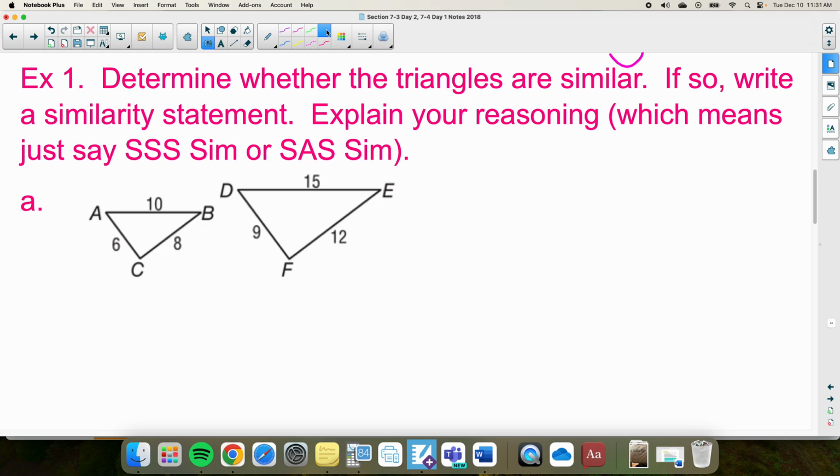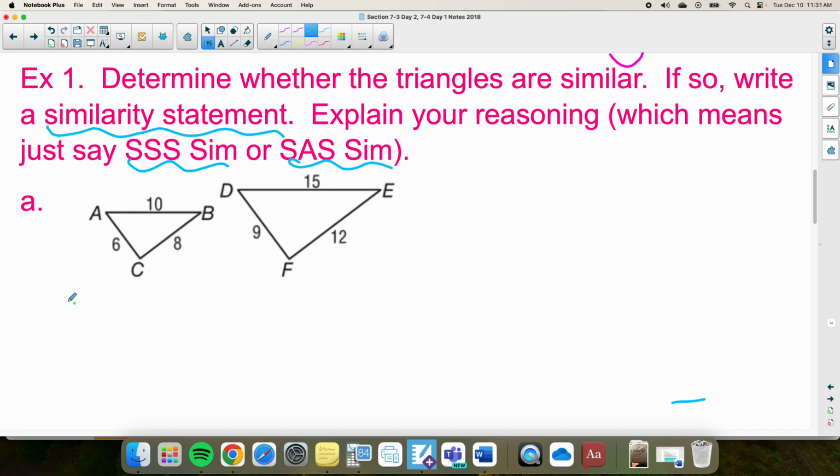So first we have to check, are they similar? If yes, they want us to write the similarity statement. And then when they say explain your reasoning, it means, is it side, side, side sim or side angle side sim? Now in this one, we're given all 3 sides.